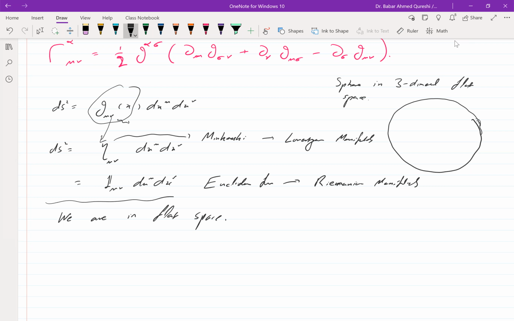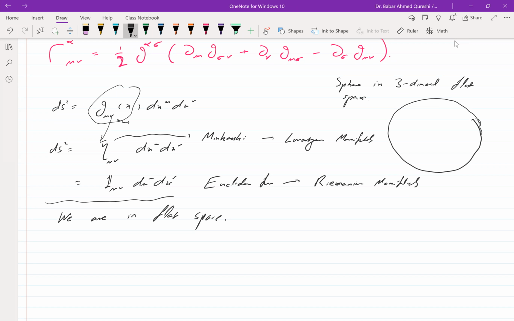So we will in general need some other method, some intrinsic method, that without any reference to a coordinate system, we should be able to say if a space is curved or flat, and if it is curved, how much it is curved and in what sense, how to characterize the curvature.